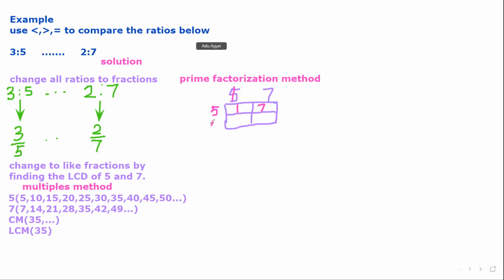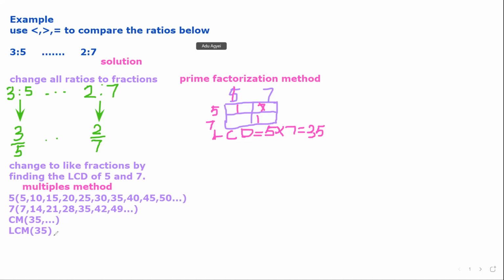Then you choose 7 to cancel itself here. 7 goes here, 1. And therefore, the LCD here is equal to 5 times 7, and that is what? 35, okay?